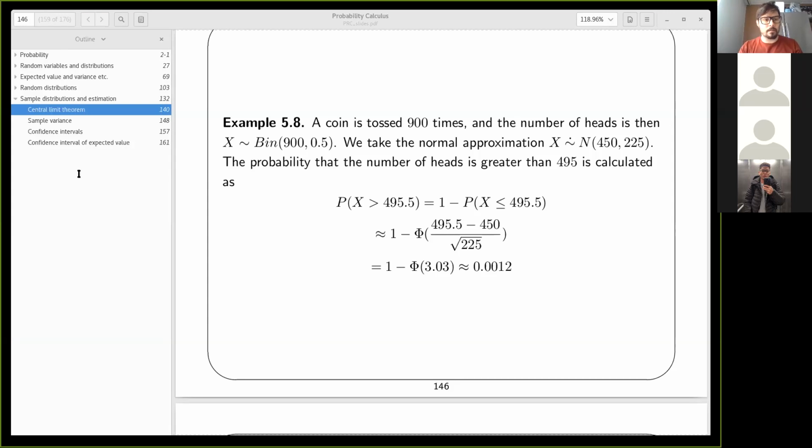So I'm calculating the normal variable x minus 0.5 over the standard deviation, the variance being 0.5 squared, and then I have to divide by the square root of 900, right? This is what I'm actually doing.